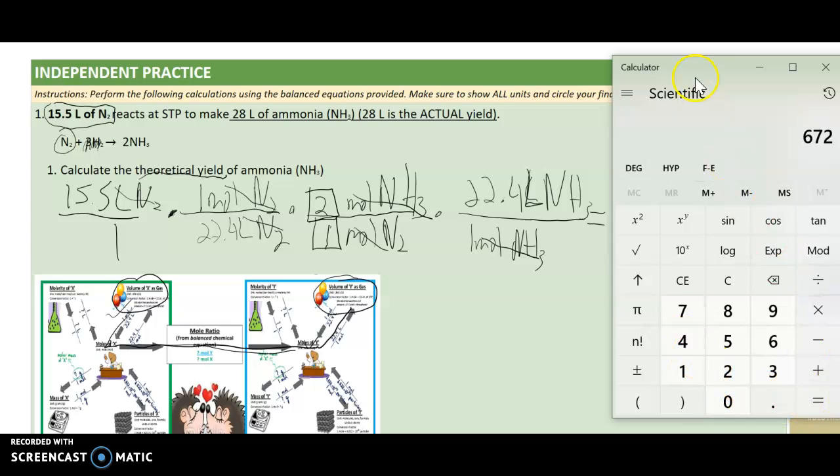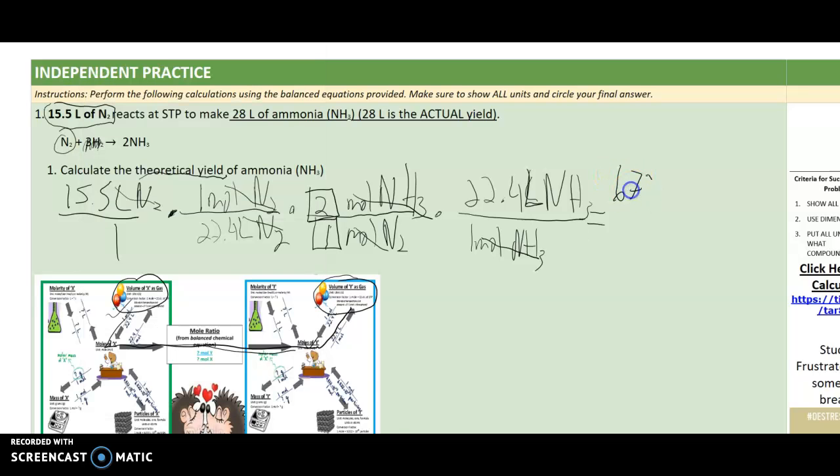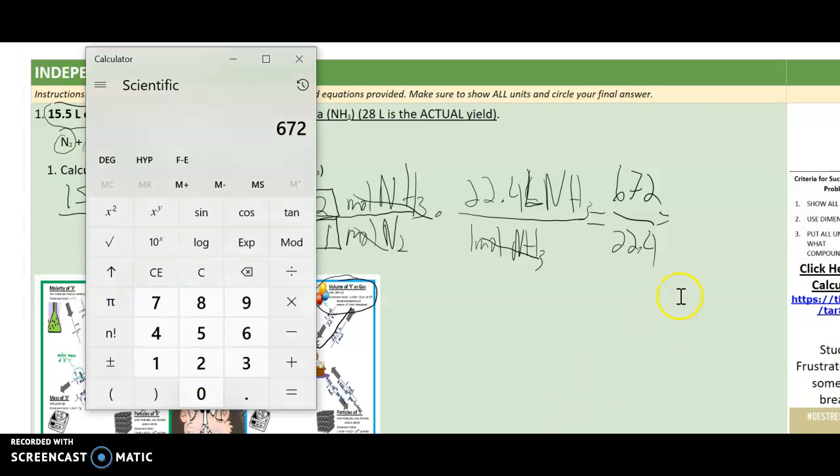That's going to equal what? 672. Ooh, that's a nice and neat number. 672. All right, now let me do the bottom. Sweet, don't even need to because 1 times 22.4 times 1 times 1 is going to be 22.4. So I am predicting that this number is going to be bigger than 28. In the real world, that's generally how it works, but we shall see.